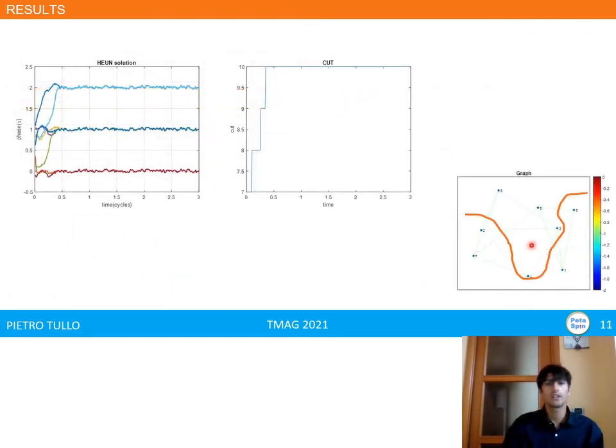Here there is a solution of a max cut problem for a cubic graph. Here we have the max cut representation with the evolution of the cut in time. Here is the max cut value when there is the synchronization of the oscillators.